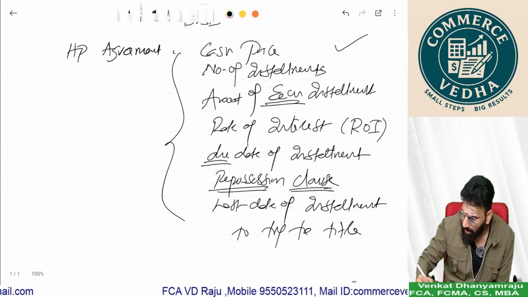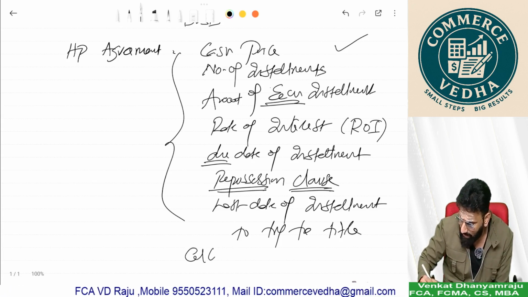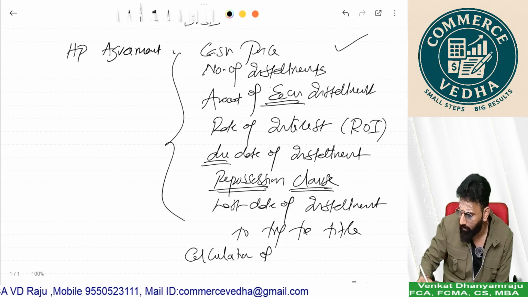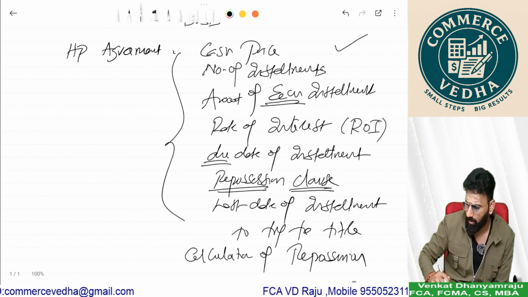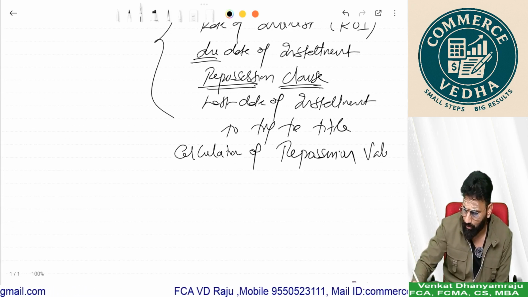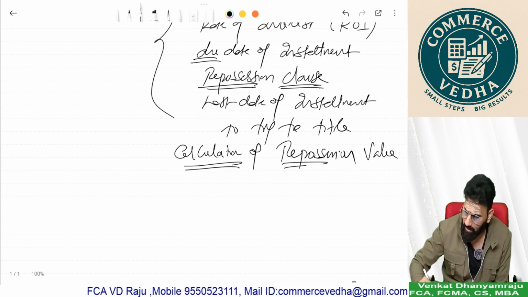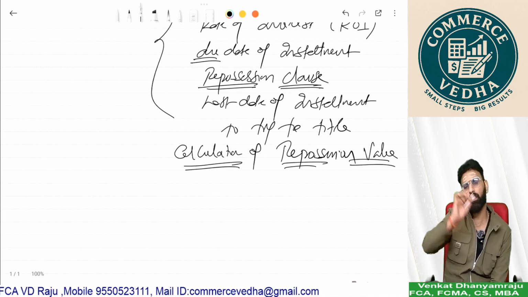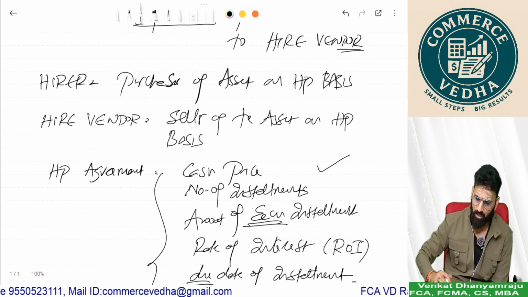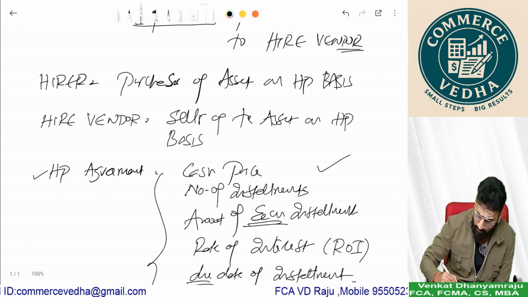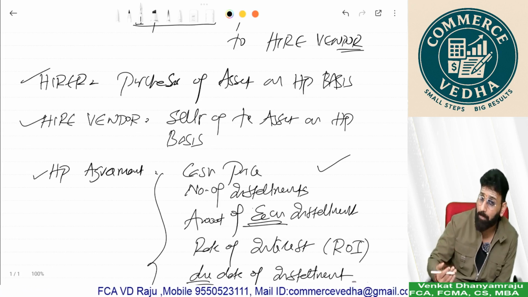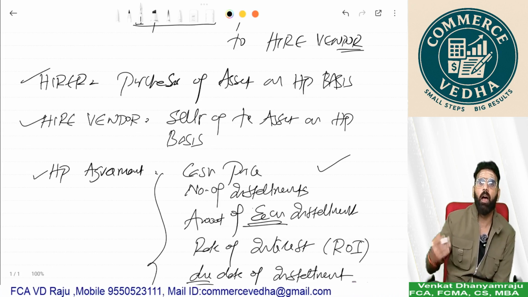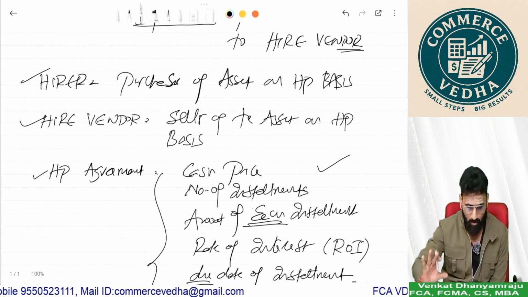I can say this clause contains calculation of repossession value. All the terms and conditions shall be in the agreement. So these three are very, very important before we actually step into and understand the hire purchase chapter.